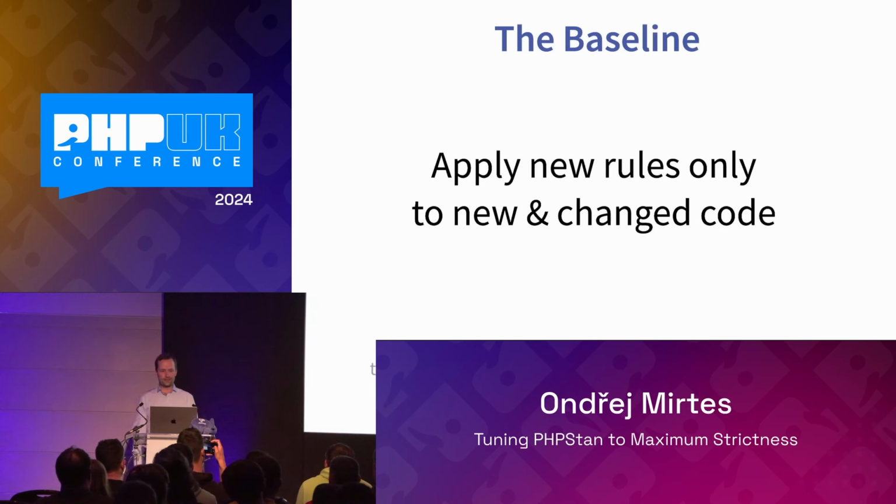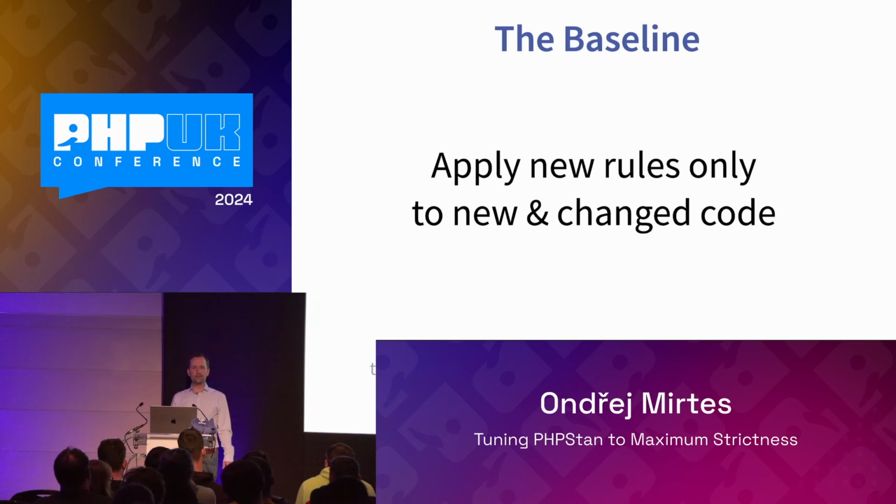The point of the baseline is that you can check only new or changed code with a stricter set of eyes. You can say that all the current errors reported in your code are set as the baseline, and you will be able to disregard them, and only the new errors from now on are going to be reported by PHPStan.